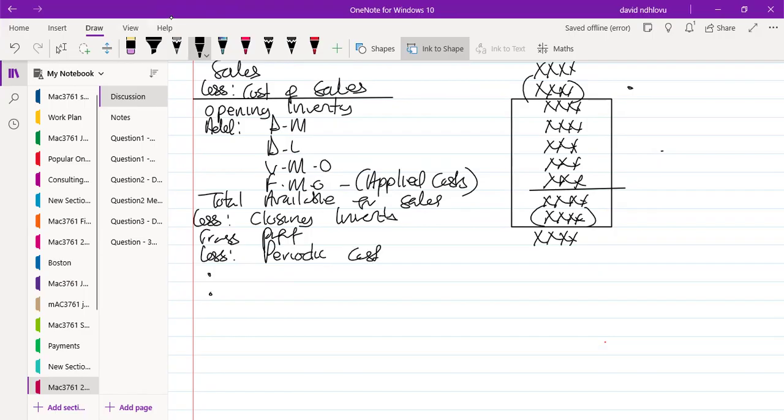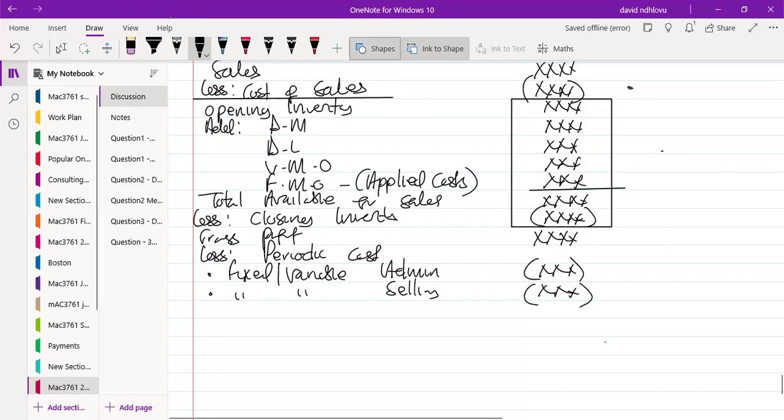Right, periodic cost, which may be a fixed, right, or variable, right, fixed or variable selling costs. Right, then you calculate the total of these. You deduct these, you are going to get your net profit.